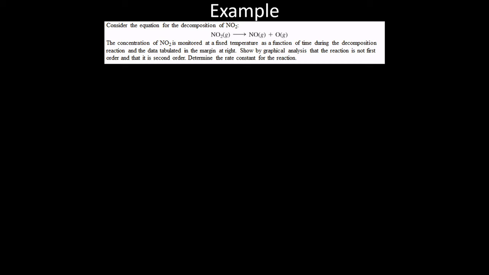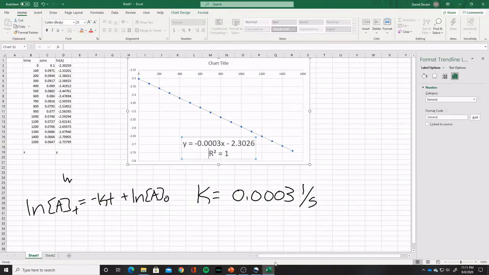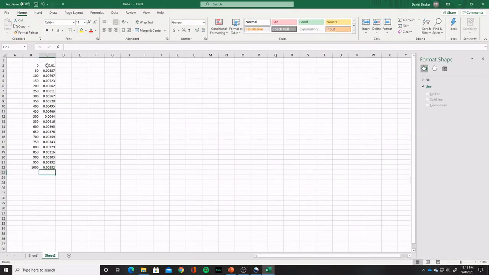So this is going to be very, very similar to what we did just a minute ago, only now we are going to have two different graphs. We're going to have a first order graph with the natural log of the concentration, and we're going to have a second order graph with 1 over the concentration.